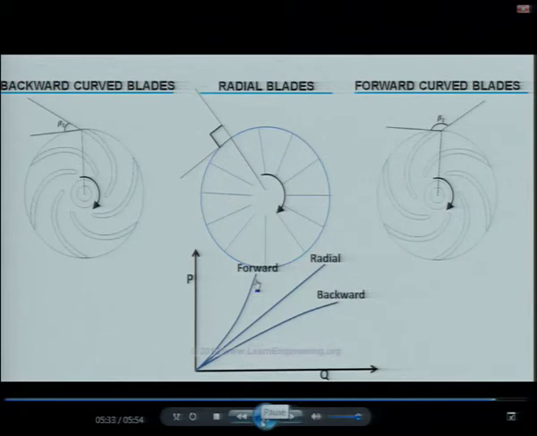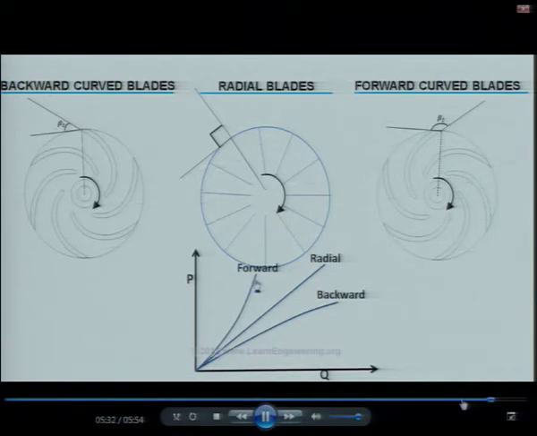So backward curved blades, which has got self-stabilizing characteristics in power. In radial blades, since pressure does not have any connection with flow rate, power consumption increases linearly. In forward curved blades, since pressure head increases with flow, power consumption increases exponentially, making the operation unstable.